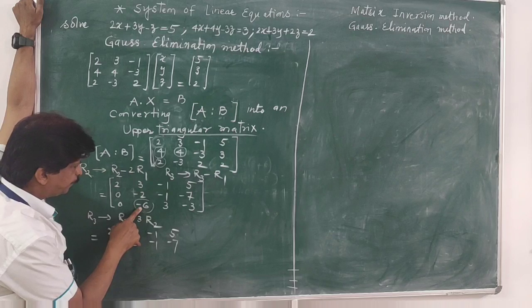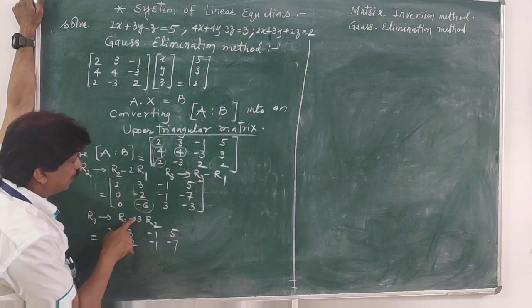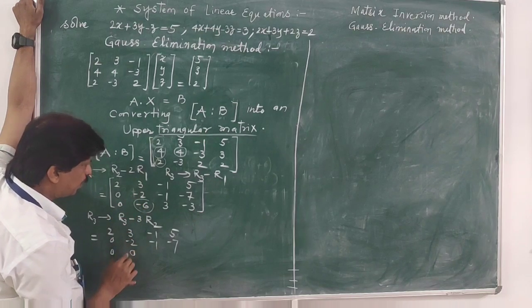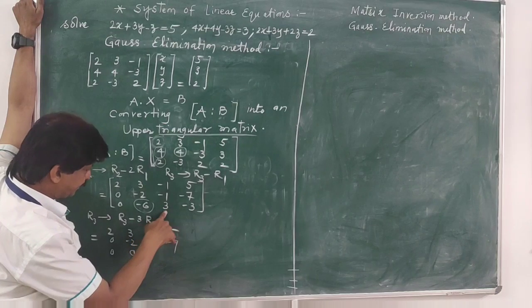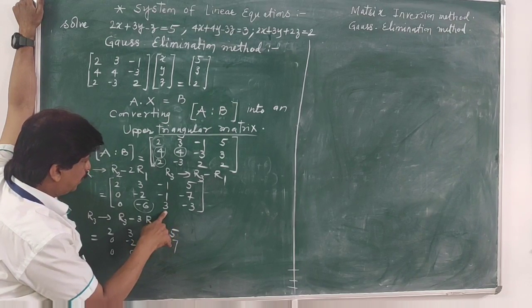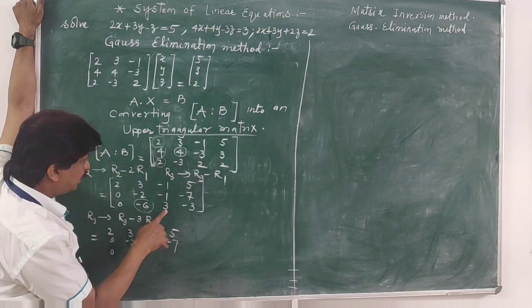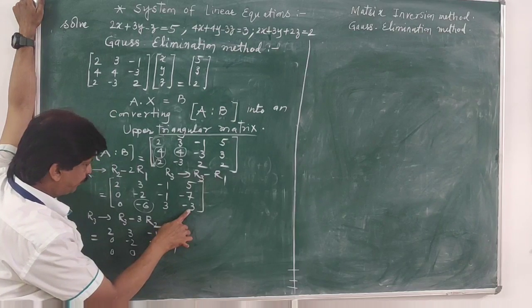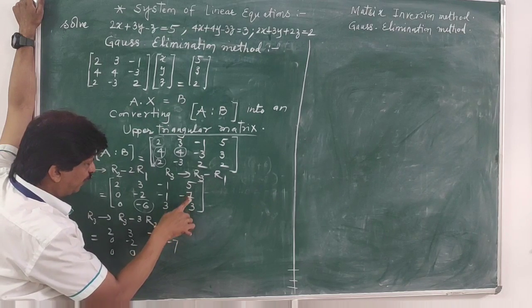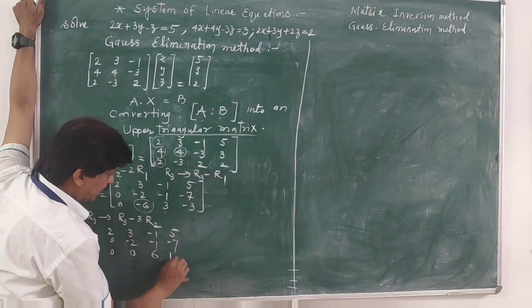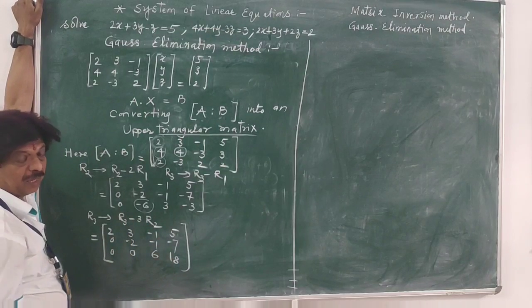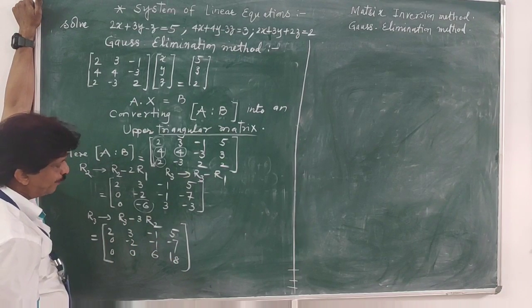Minus 3 minus 3 times minus 2 is minus 6, and minus 6 plus 6 is 0. 3 minus 3 times minus 1 is 6 again, and minus 3 into minus 7 is plus 21, minus 3 is 18. So that is how this system becomes an upper triangular system.